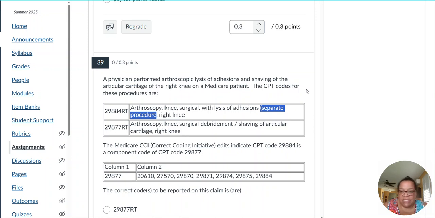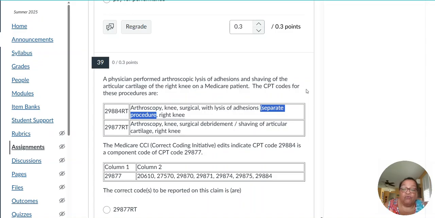If for whatever reason, whether it was planned or it wasn't planned, all they did was lysis of adhesions. In this case, however, that's not what happened. They did do lysis of adhesions, but then they did the shaving.